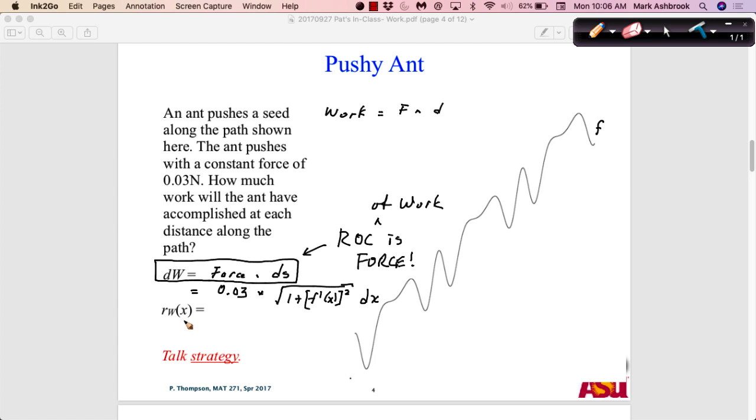And so the rate of change of work with respect to x, we can do the same thing. Basically what this square root function does is a transformation from the s quantity along the path to x, horizontal distance traveled, right? So that square root takes us from the quantity along the curve to making the independent quantity horizontal distance x. So then our rate of change function is all this in terms of x.